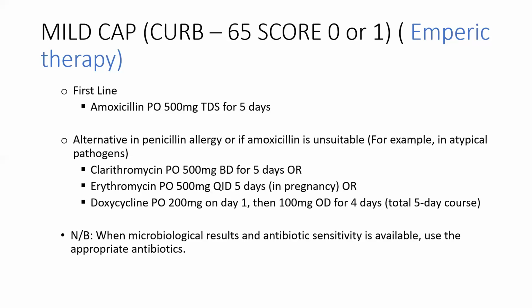And as an alternative, especially for mild CAP, the alternatives are clarithromycin 500 mg BD for 5 days, erythro or azithro. And doxy also comes in here because we noted from our data, doxy still has quite good coverage in this regard.